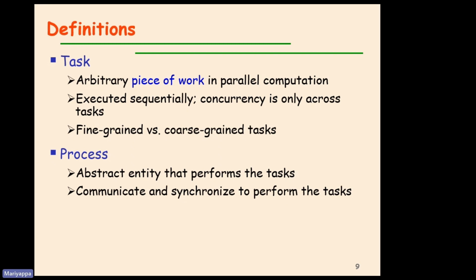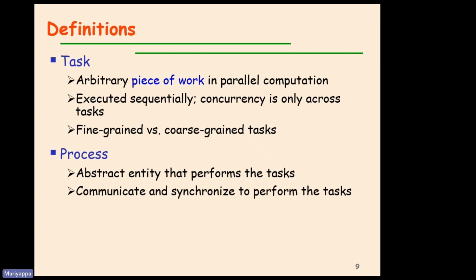I'm going to group these tasks together into what are called processes. Again, processes can be closer to a coarse grained granularity. These processes are the ones that are actually going to perform the computations described in those tasks. I have grouped these tasks together into processes, and these processes are the ones that are going to perform the tasks.